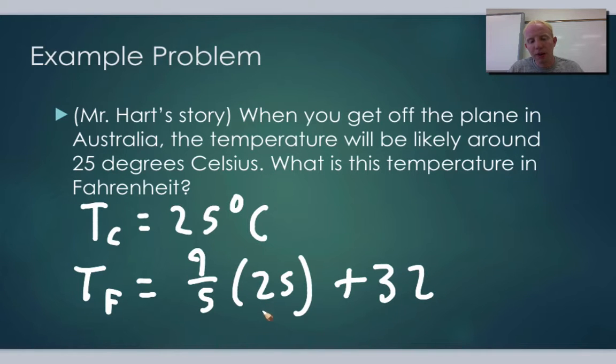If you do 25 times 9/5, you can use the calculator, or you can see that 25 divided by 5 is 5, 5 times 9 is 45, plus 32 is 77. So that would be 77 degrees Fahrenheit. You could also double check on the calculator. We get that 25 degrees Celsius is the same as 77 degrees Fahrenheit.